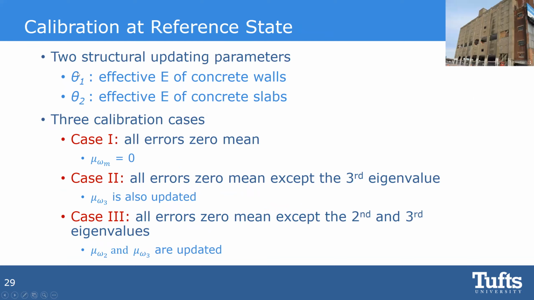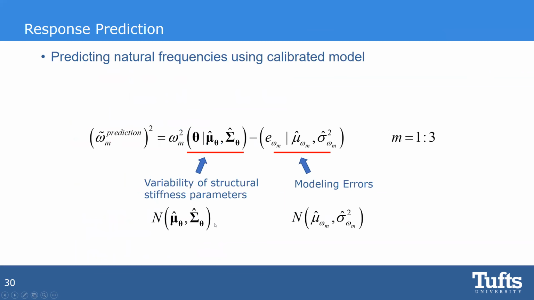Let me show you. I update a couple of parameters: Young's modulus, stiffness of walls, stiffness of slabs. I do 3 cases. Zero mean error, most of the applications. Now, non-zero mean for one of them, non-zero mean for 2 of them. Now, how on earth did I decide to do this one or that one? I'll show you.